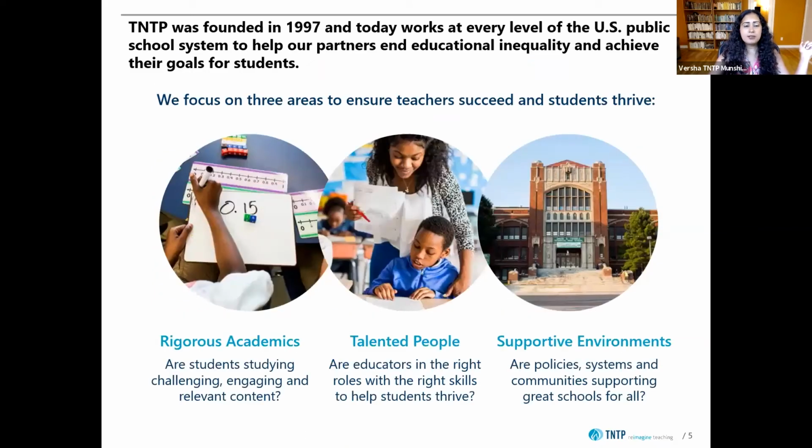Just to give you a little bit of background on TNTP, in case you're not familiar with our organization, we were founded in 1997 by teachers who believed that all students deserve great teaching, with a particular focus on equity for students who have been historically underserved by school systems. If you've heard of TNTP, you've probably heard of our work in one of these three areas: rigorous academics, talented people, and supportive environments.